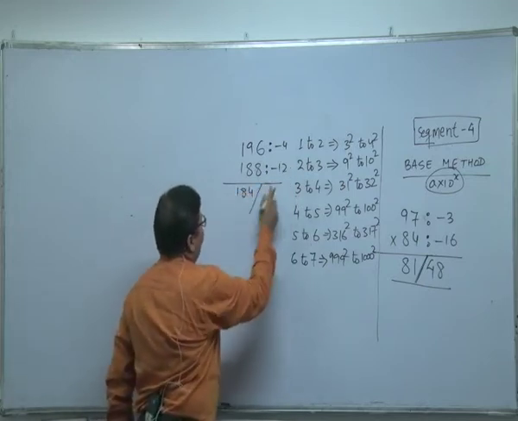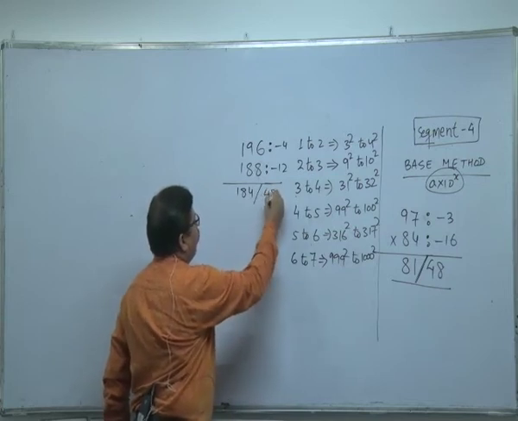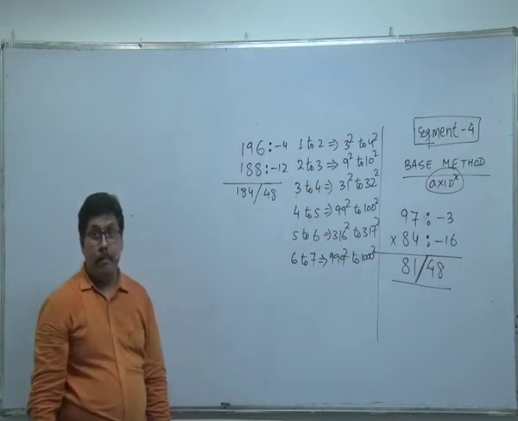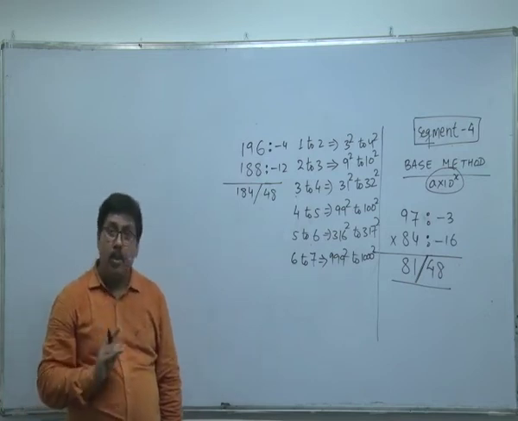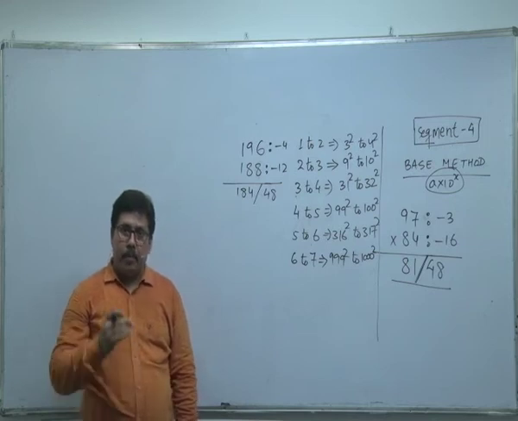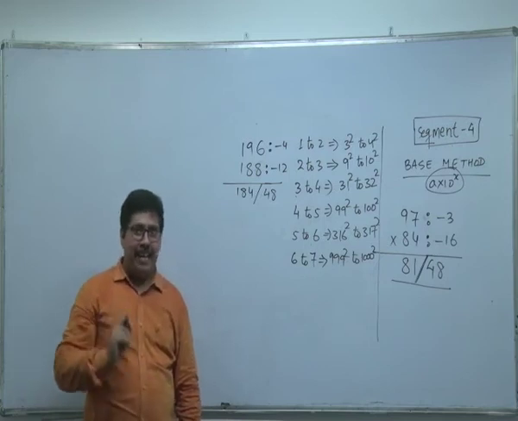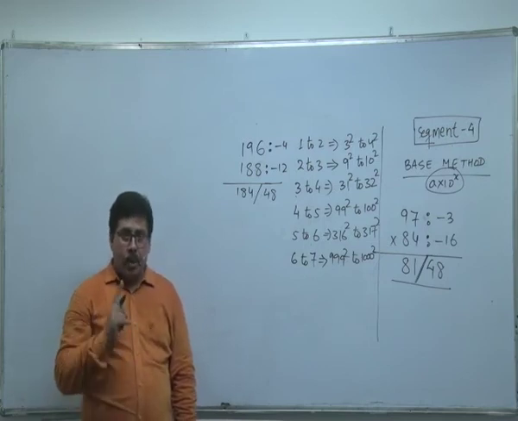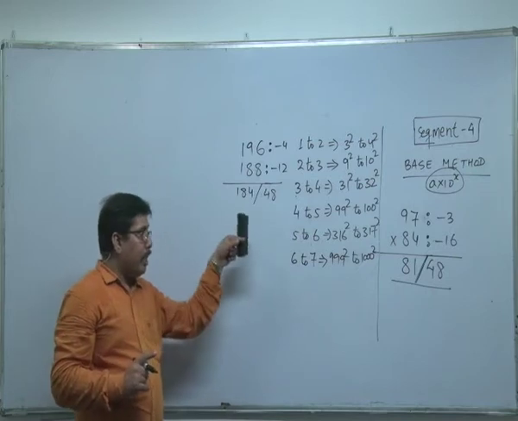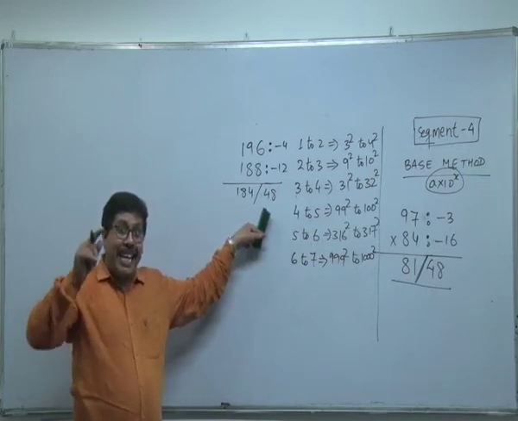And minus 12 into minus 4 is basically 48. But remember, our base is not 100 or 1000. Our base is 200. Whenever our base is other than a power of 10, you are supposed to multiply the number appearing at the left hand side of the slash by a.